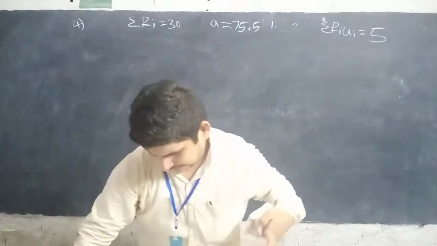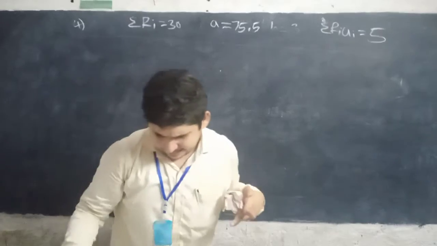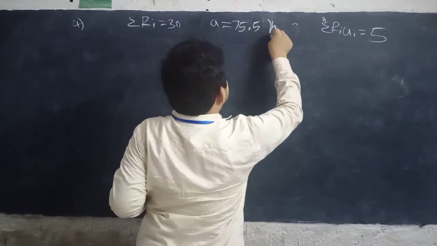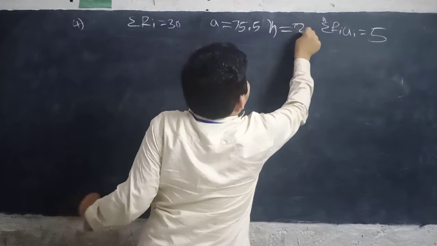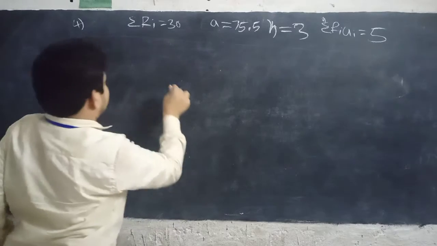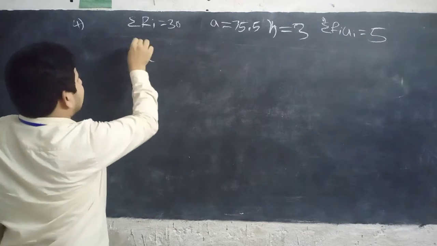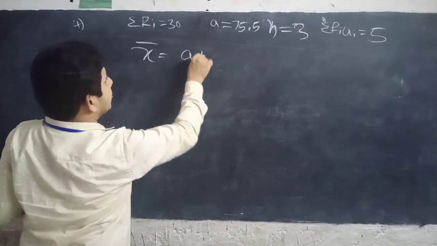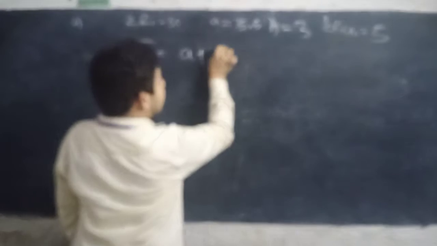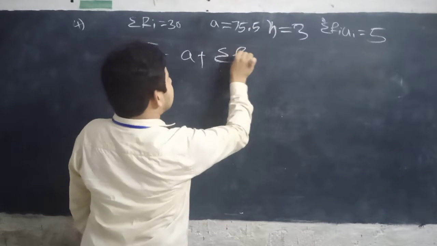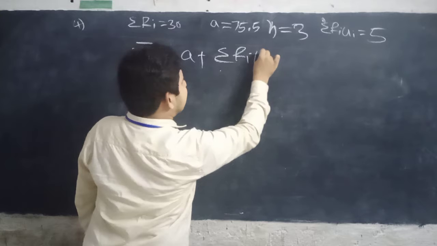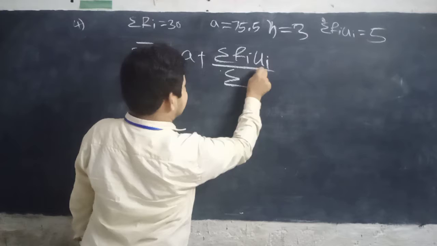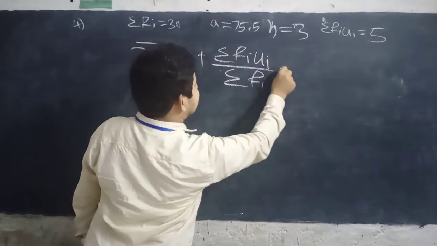Now the mean value, given h equal to 3. Okay. The mean value x bar equal to a plus sigma fi ui by sigma fi into h.